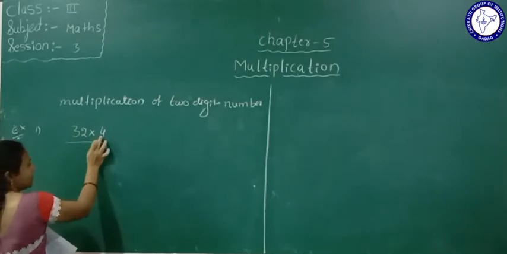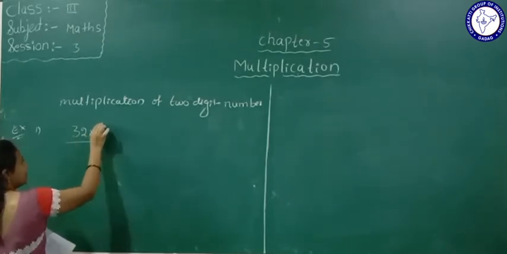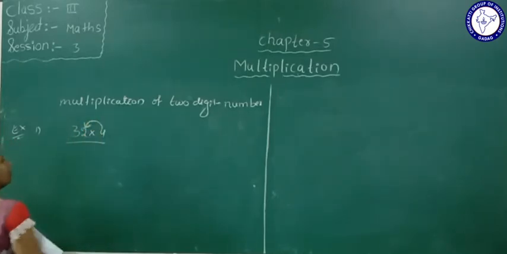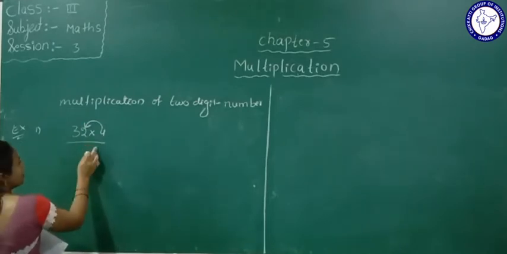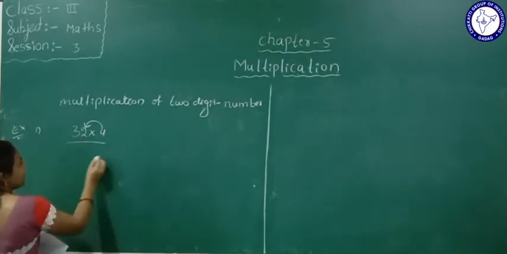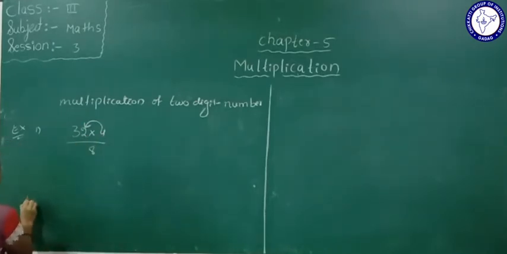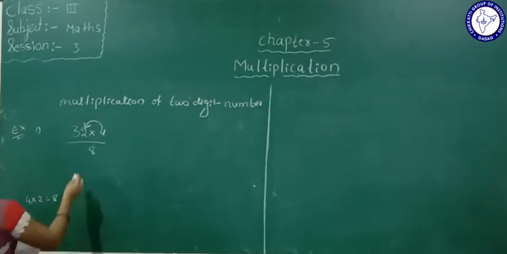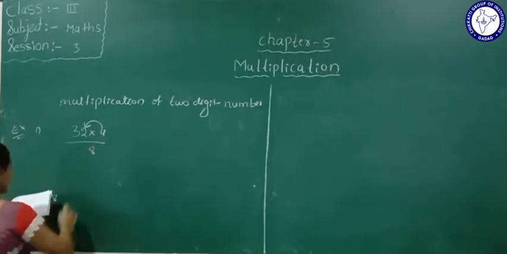What will we start with? Unit place values. So we'll multiply 4 into 2. 4 into 2 is equal to how much? 4 twos are 8.